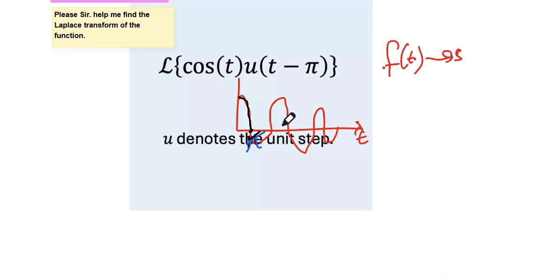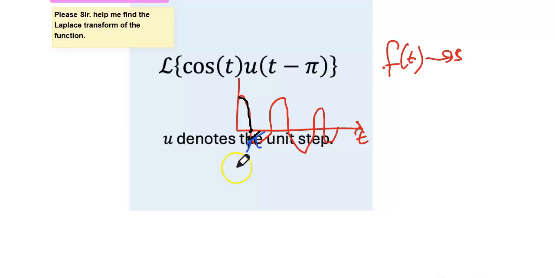So whenever you have a unit step in the context of Laplace transformation, then we use the second translation theorem. Now, what is the second translation theorem?